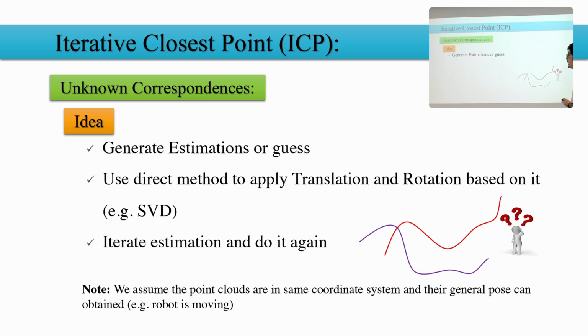But if we don't know correspondences, how do you want to calculate the error? How do you want to calculate this H over here? Because this says the covariance matrix of the differences of the corresponding elements, and you don't know them. Then how do you want to calculate it? Those are the difficulties with unknown correspondences.